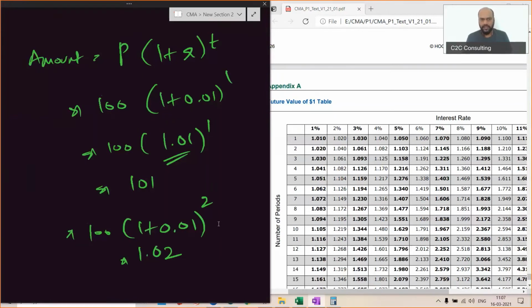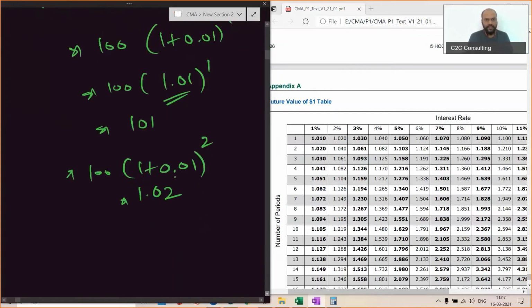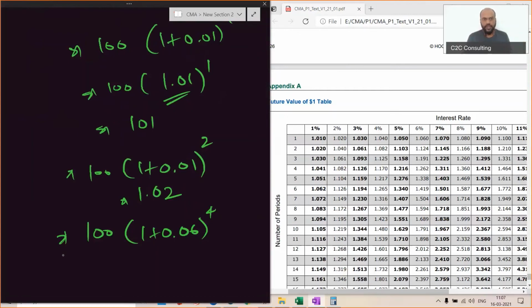Like this, you can take any example. Let me give one more example. Say my R, the interest, is 6%. So I will use 1 plus 0.06 to the power of, say, 4 years. 100 is my principal that I'm investing, into 1 plus R, which is 6%, 0.06, to the power of T, 4 years. So we can directly go and refer to the table.